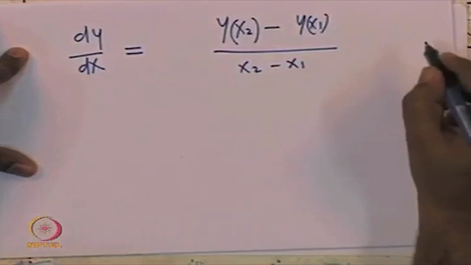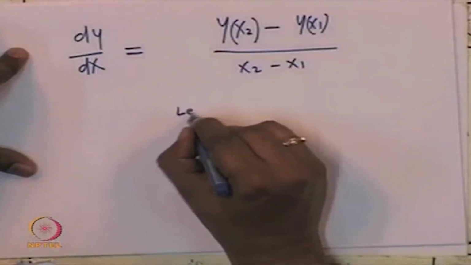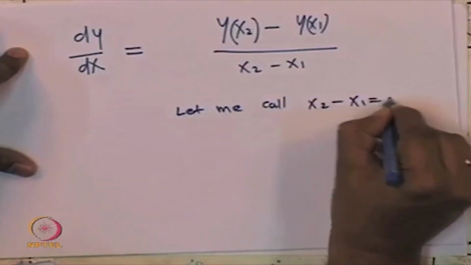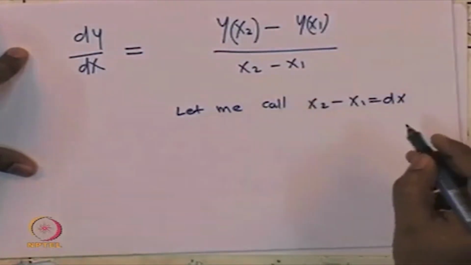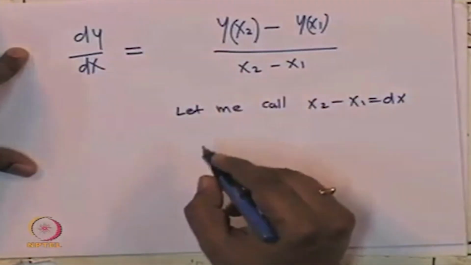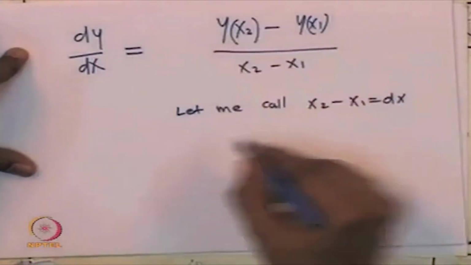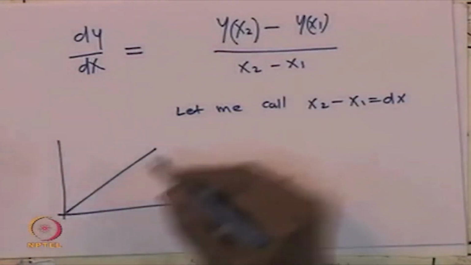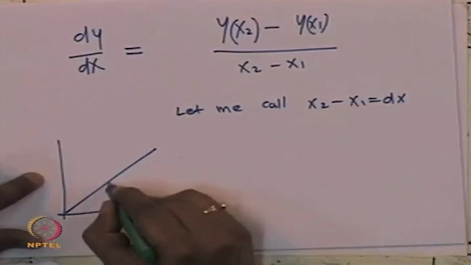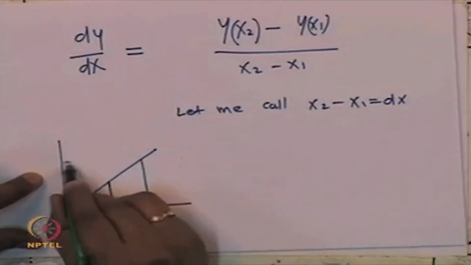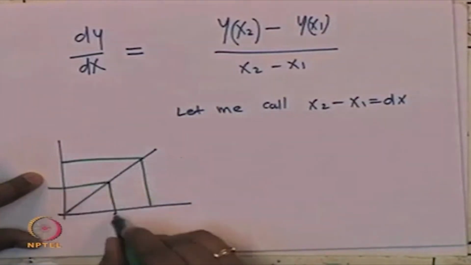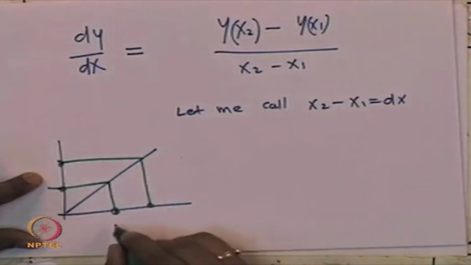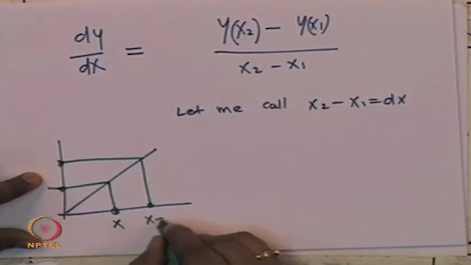Now, x2 minus x1, let me call it dx. This is the change in x, so this is dy by dx. You can also write this differently. If you look at this curve we had here, a straight line, and look at these two points on the x axis and two points on the y axis, I can call this x and this x plus dx.